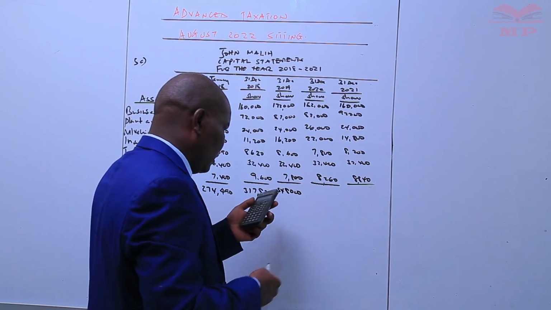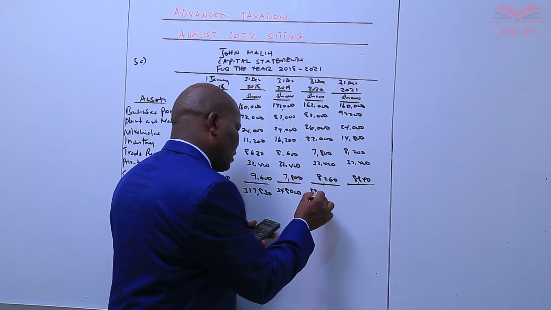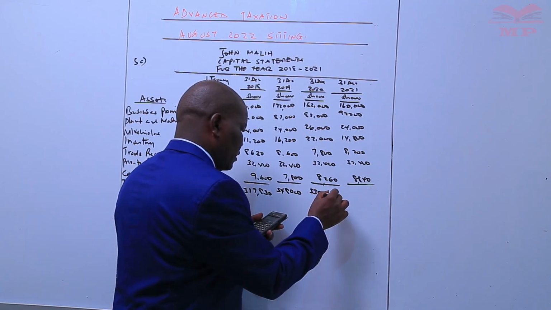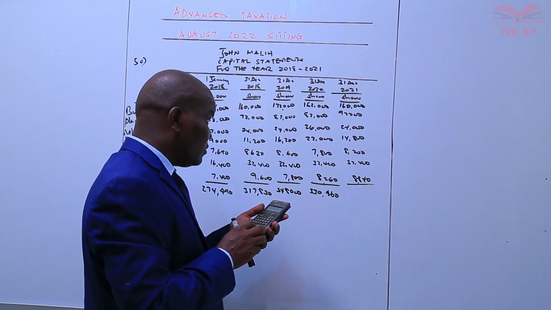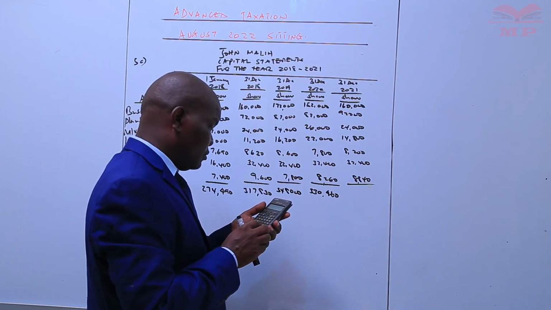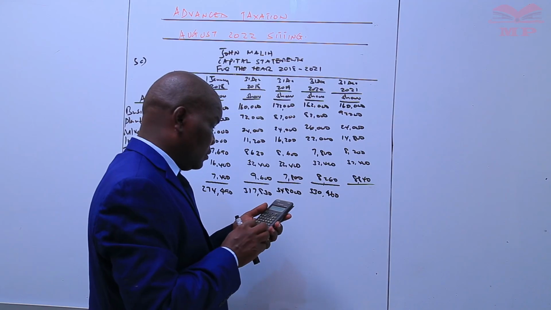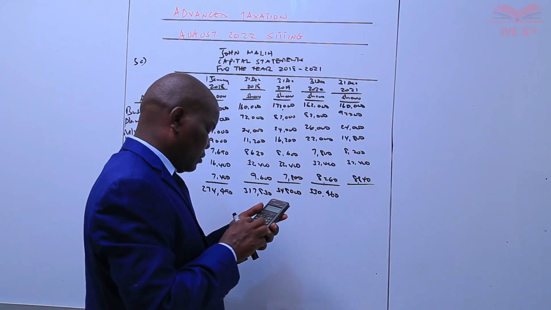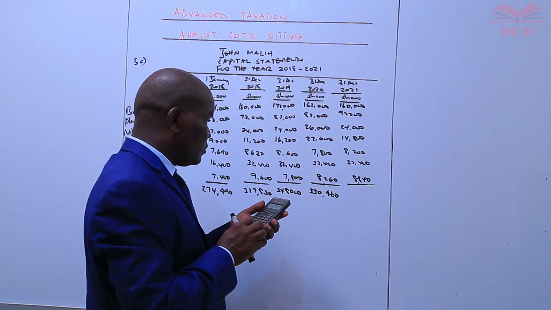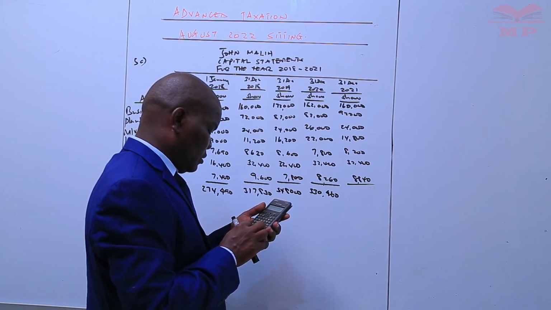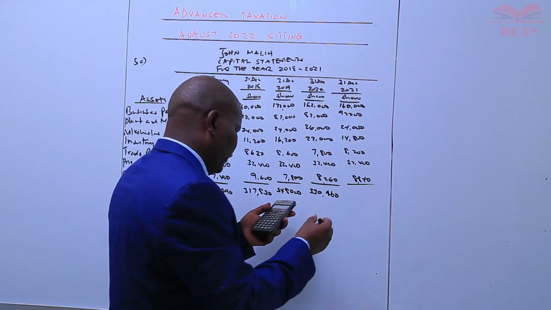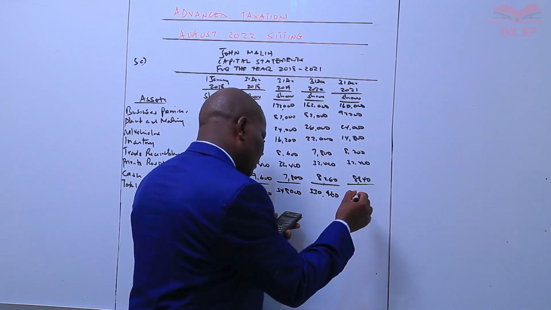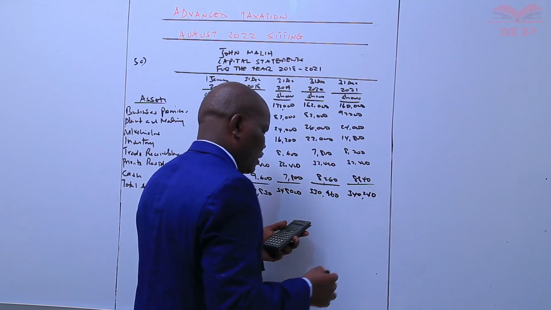I get 330,460. Lastly, 2021, 160, 92, 24, 14,800, 8,200, 32,400, and 8840. I get 340,240. That is step 1.